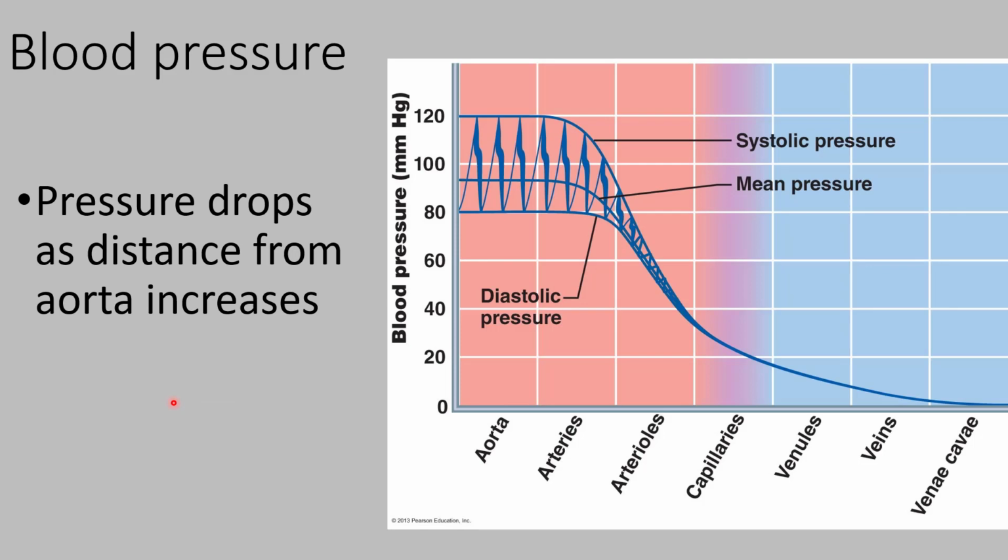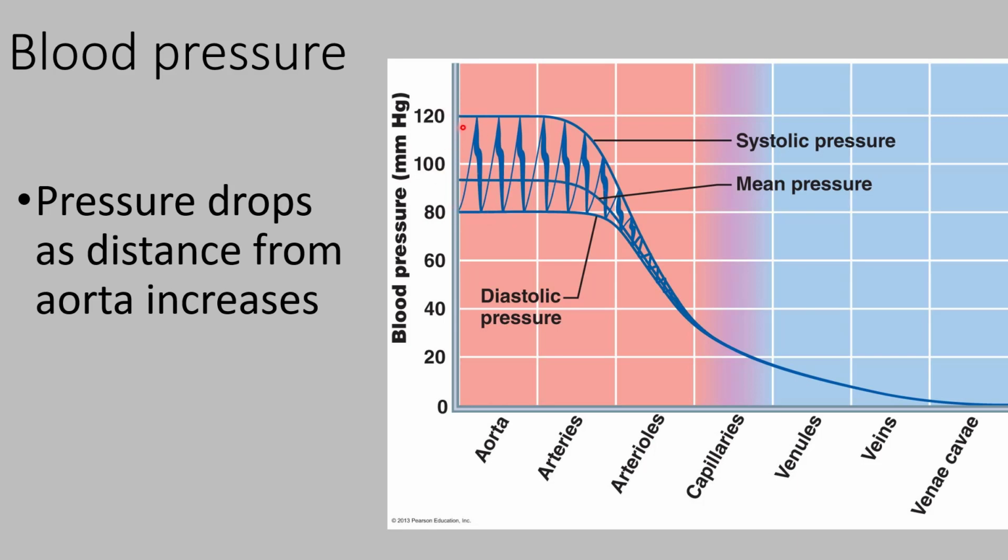So here is the blood pressure throughout the vessels of the body. Early on, I said that the further we get from the heart, the lower the blood pressure. This shows us that. Blood pressure drops as we move further away from the aorta or from the heart. But also here we can see systolic pressure and diastolic pressure and mean arterial pressure.